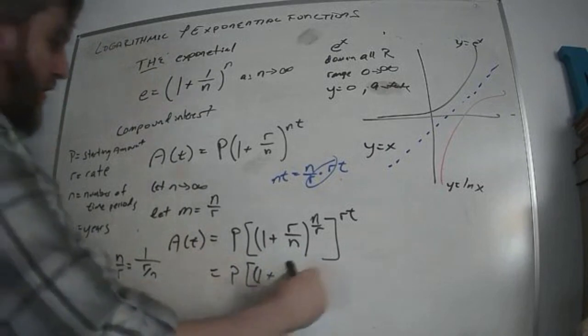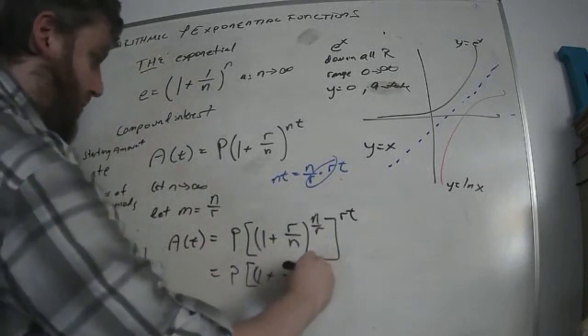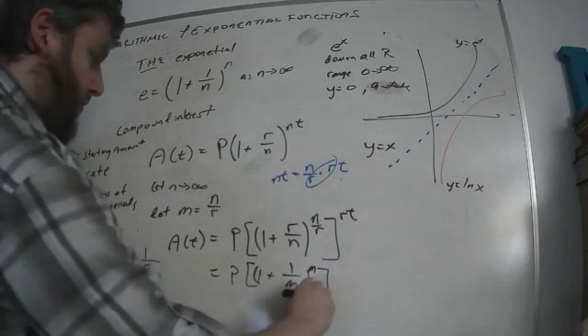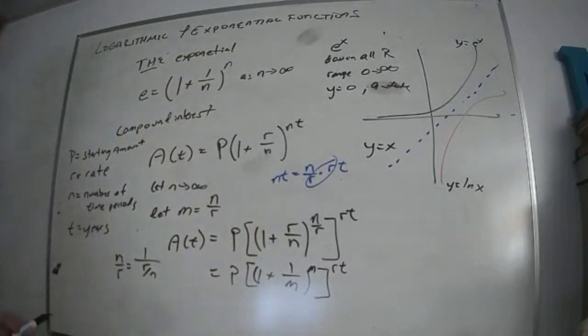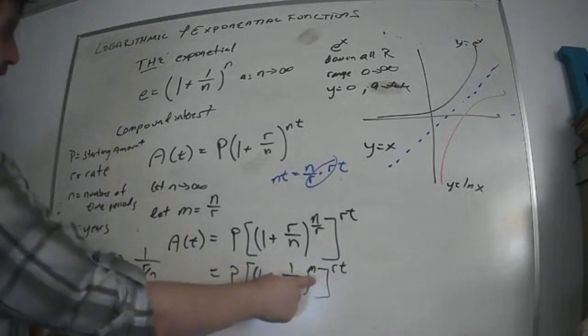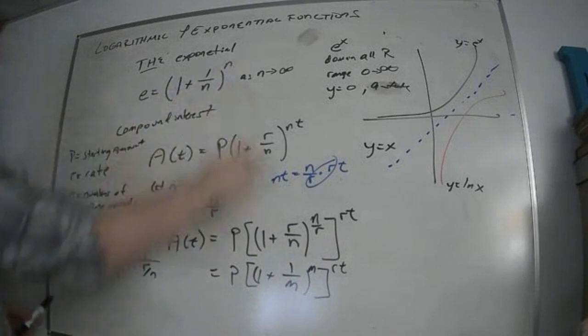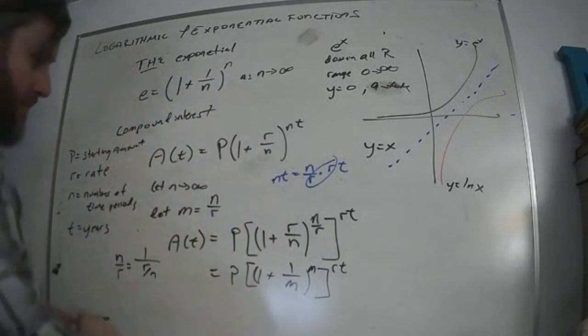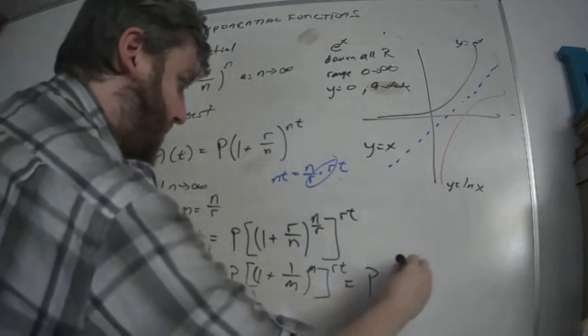Substitute here. I have n over r is m, times rt. Well, 1 plus 1 over m to the m is identical to 1 plus 1 over n to the n. So this is e. I can say that this is P times e to the power of rt.